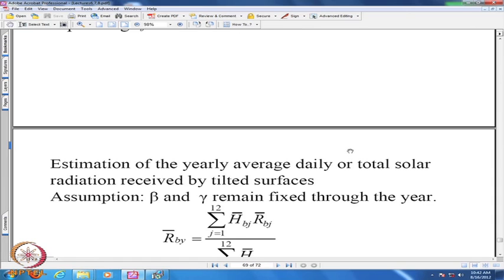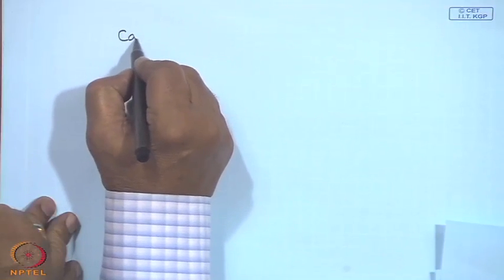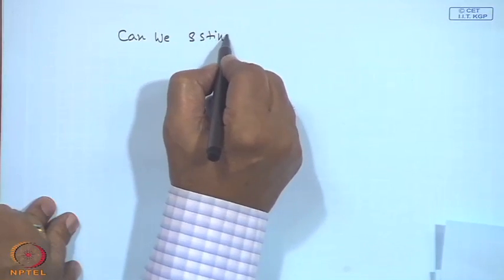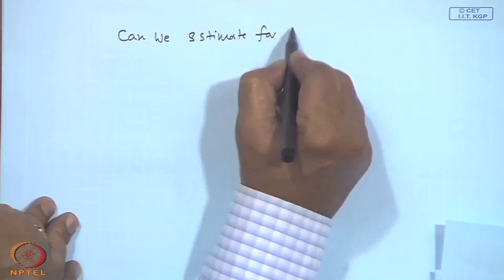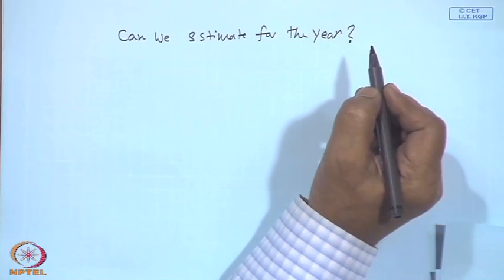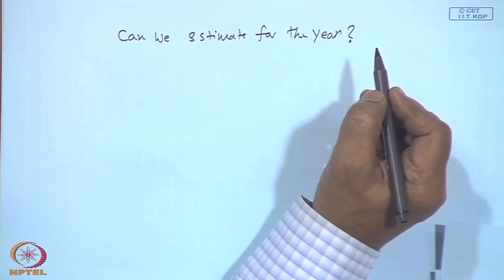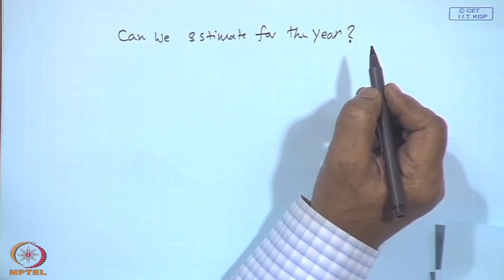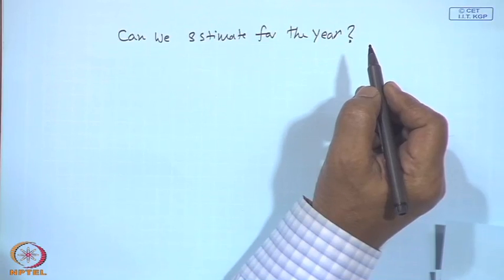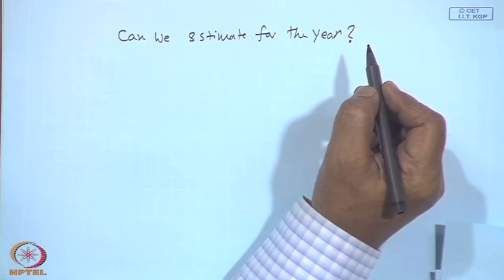Now, somebody can be a little greedy. Can we estimate for the year? In other words, we can always estimate, given the data and given a computer, 365 into 12 or even technically 24 hours of calculations, or 365 daily calculations, or at least 12 monthly calculations.